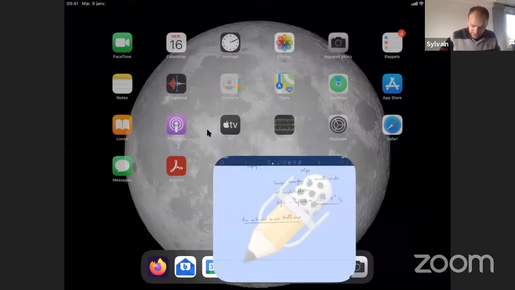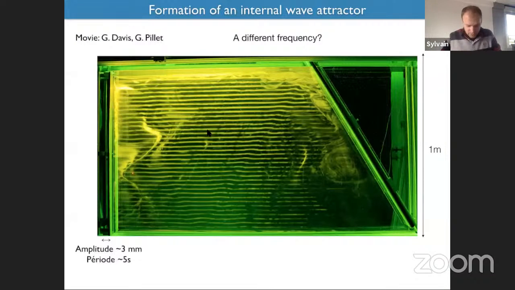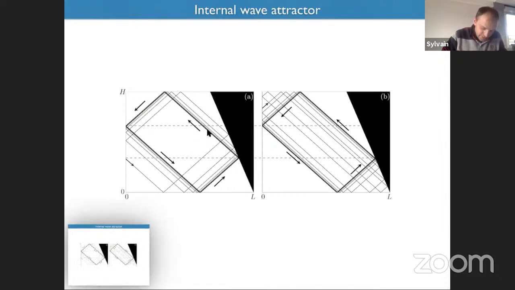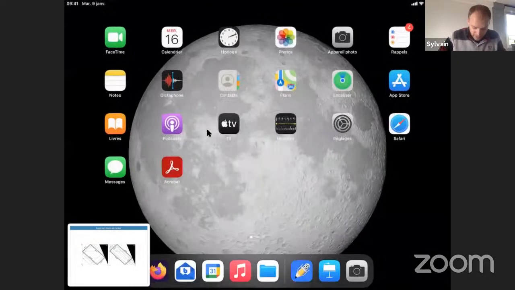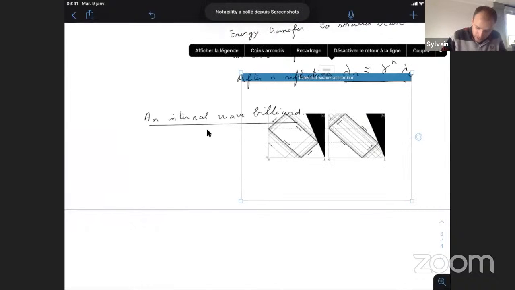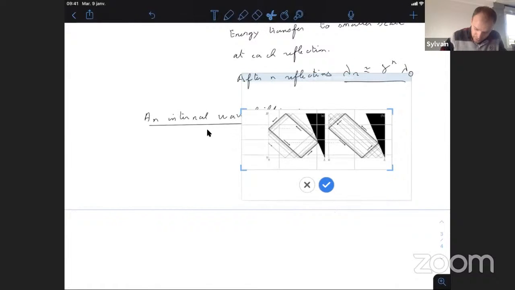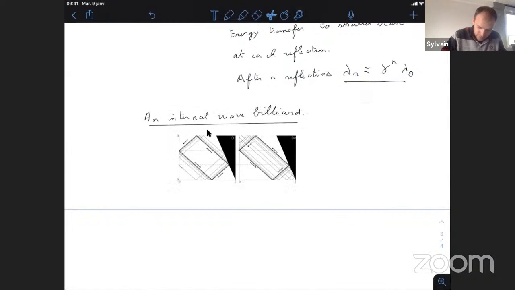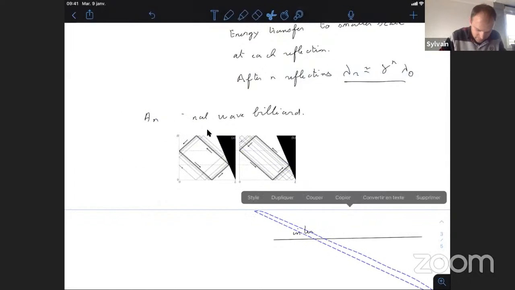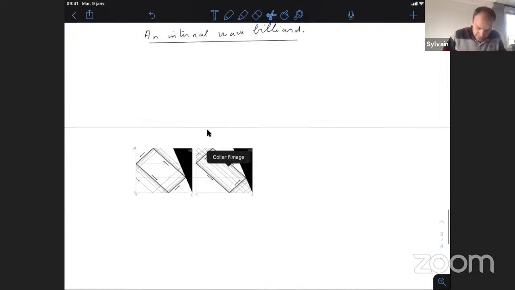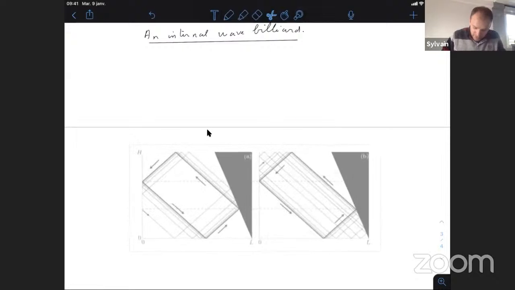So, to explain this, I will show you this image. This image is what is called an internal wave attractor. What we do here is just a ray tracing.